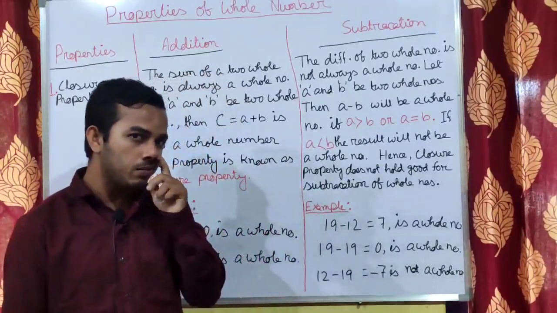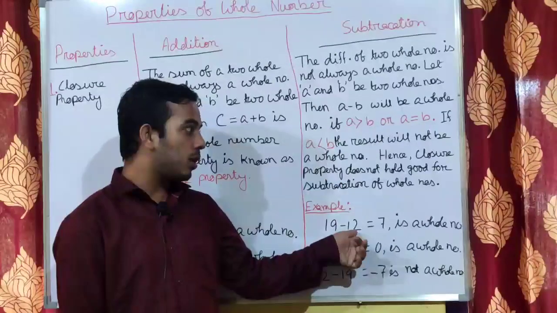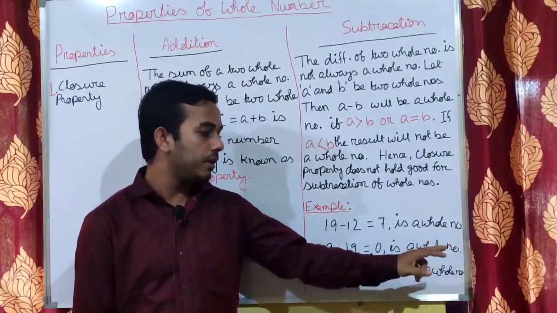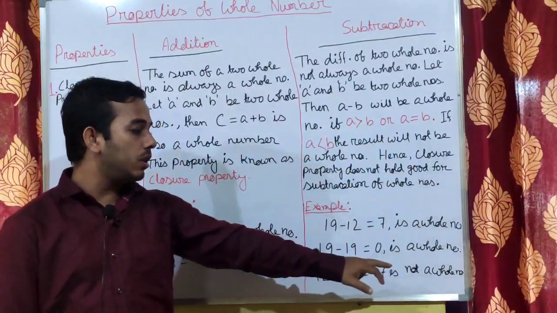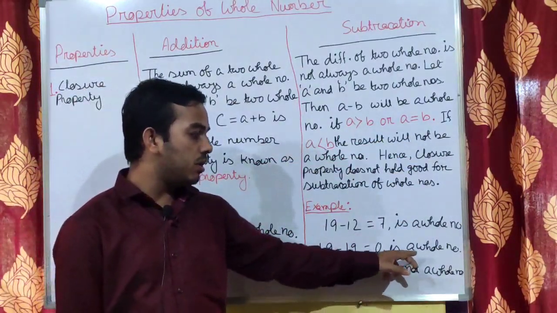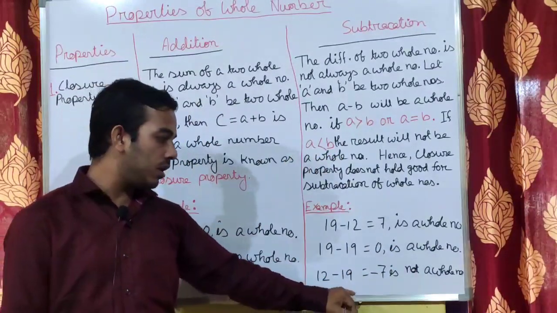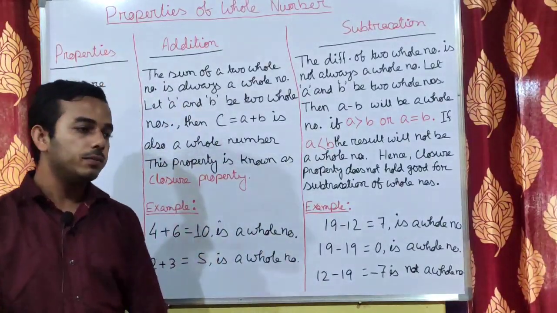For example, I have shown you three examples there. 19 minus 12, that is a greater than b, equals 7, a whole number. 19 minus 19, that is a equals b, equals 0, a whole number. Then 12 minus 19, that is a less than b, equals minus 7, which is not a whole number, right?